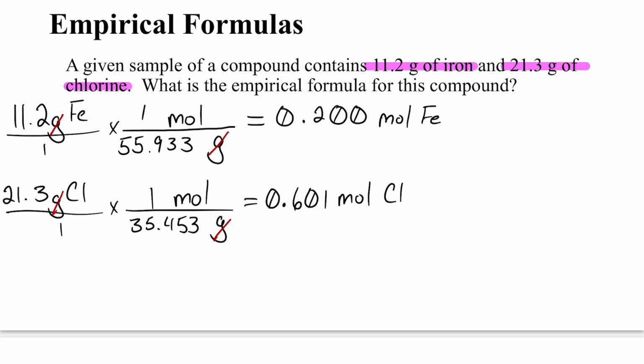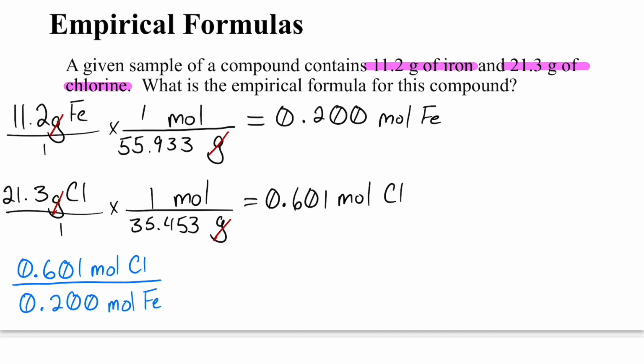Now that we've converted them from grams to moles, we find the mole ratio. So we're just going to take whatever the bigger amount of moles is and divide it by the smaller amount of moles. So in this case, that is 0.601 moles of chlorine divided by 0.200 moles of iron.